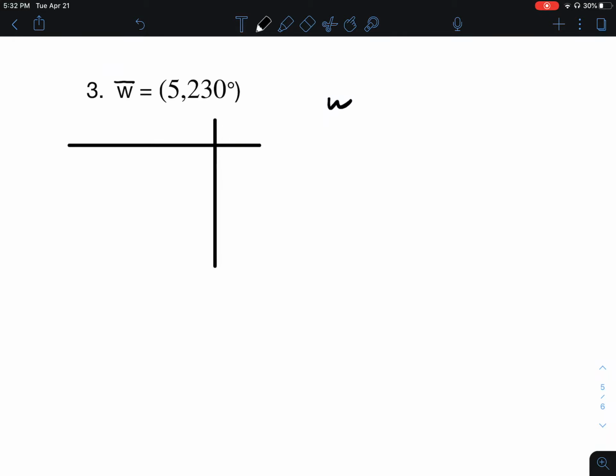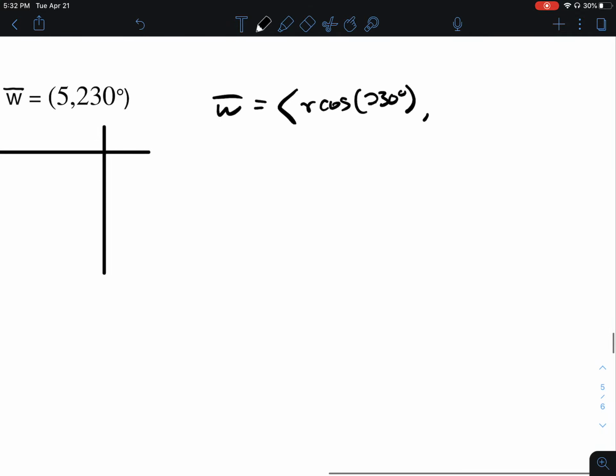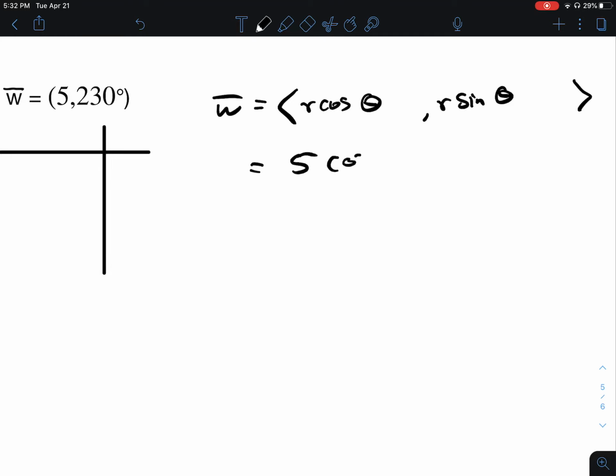Now, once again, we could just drop directly into this and say, well, the component form of this is going to be r cosine of theta followed by r sine of theta, which would be 5 cosine of 230, 5 sine of 230.